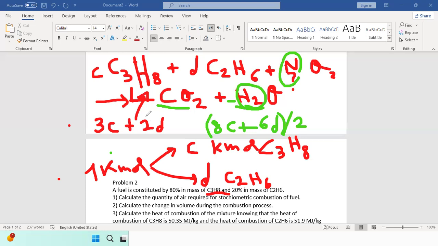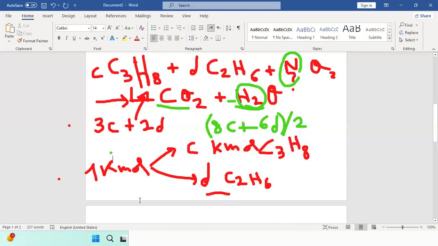So when I do the conservation of mass for O, I can say that from this side I have 2N kilomole of oxygen, equal to, from this side, 2 times the coefficient of CO2, which is 3C plus 2D.